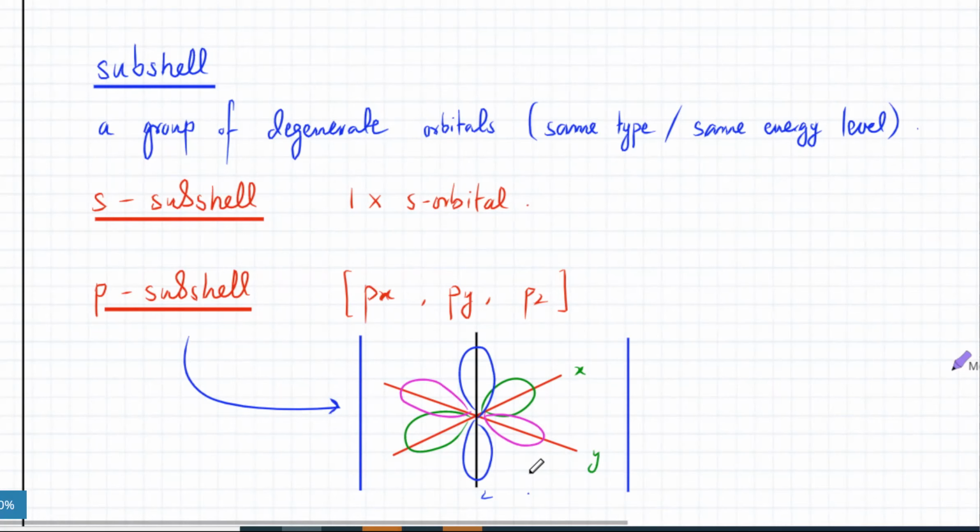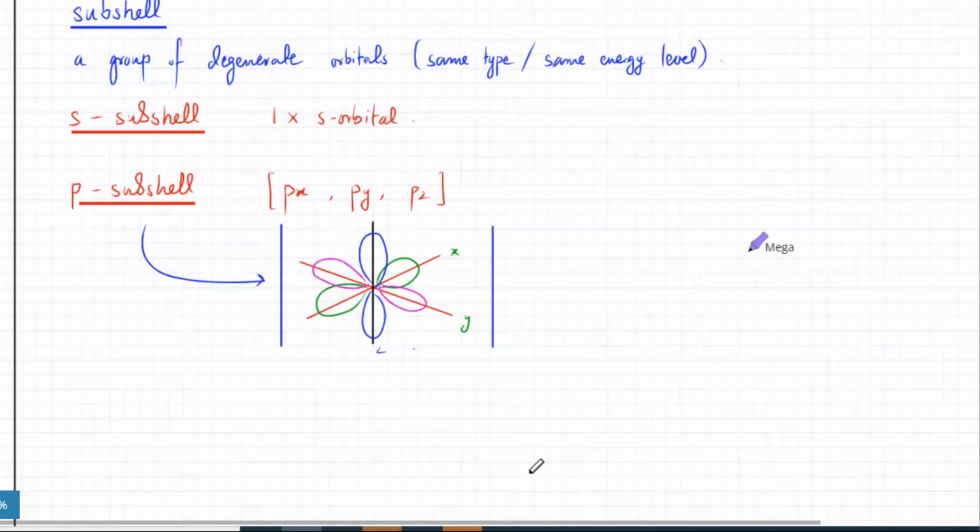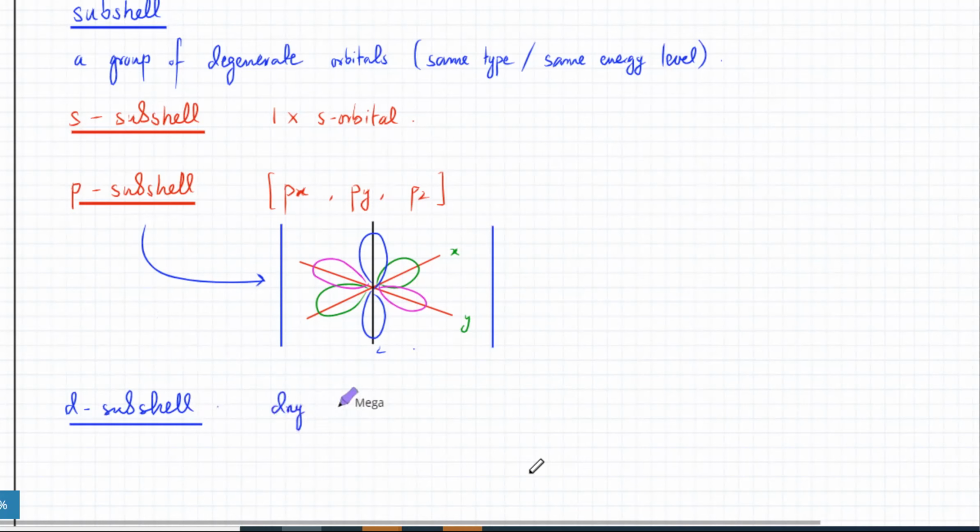And then similarly you have a D subshell and an F subshell as well. The detail of D and F is not in your course. You just need to generally know them. No one is going to ask you to draw them. So you've got a D subshell. It has the picture from above, with 5 different orbitals. You'll study this in detail in A2.